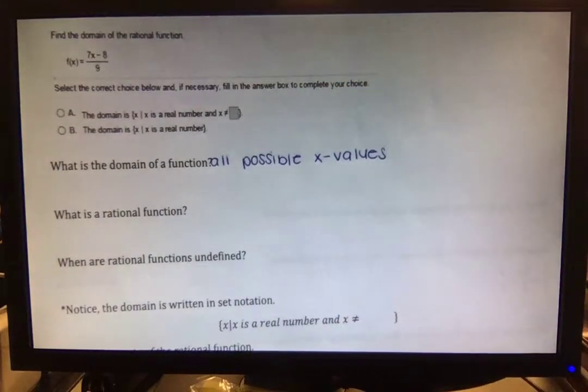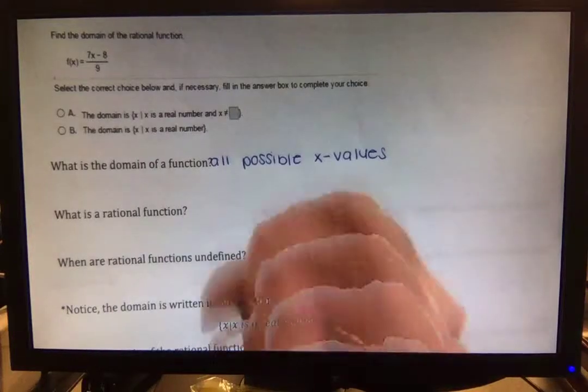What can I plug in for x? We said before, a rational just means fraction. So just a function with a fraction in it.